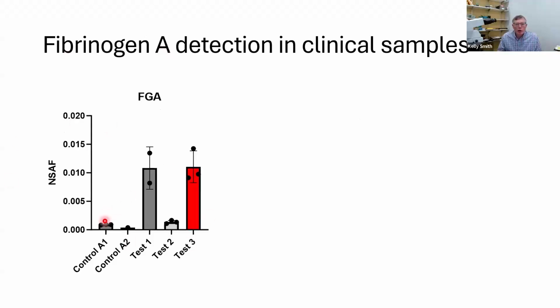So we went back and looked at our case, and we looked at the cases that we also tested that day. When we do the testing, we test a couple of control cases, and then we have our clinical tests. Test 3 is the patient of interest. And in looking at that, we see that there is more fibrinogen A in the patient's sample, but we also had another sample that had a lot of fibrinogen A in it as well.